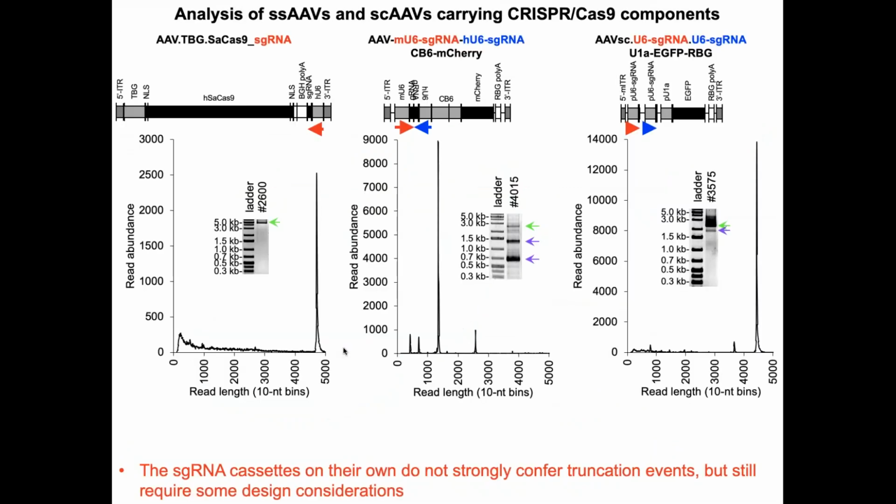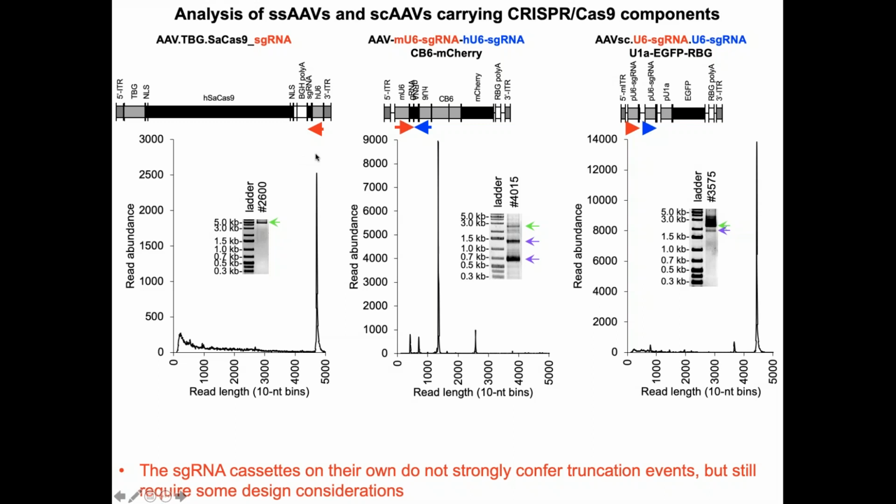And so to address whether guide RNA sequences or any components of Cas9 can actually cause these truncation events, we subjected 3 guide RNA Cas9 construct designs to the AAV-GP-seq methodology. And what we were able to show is that on their own, the guide RNA sequences don't cause genome truncations.